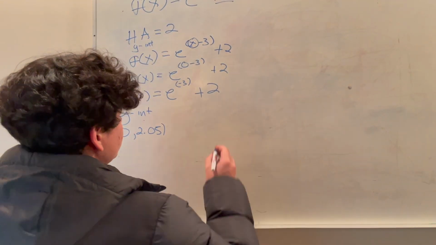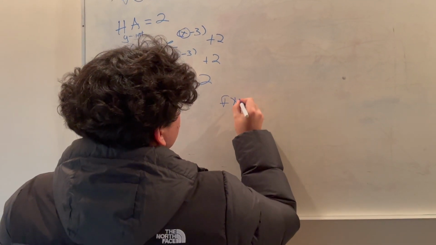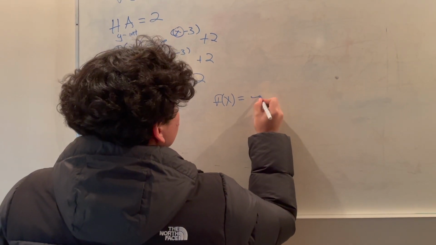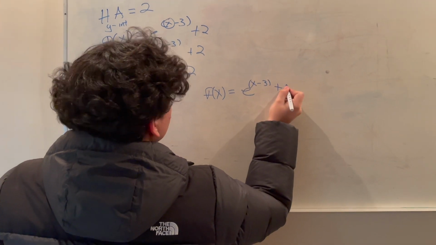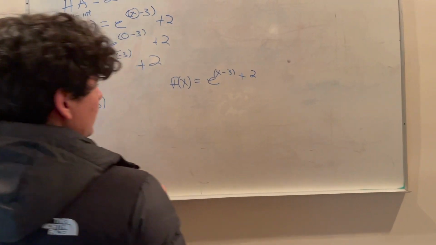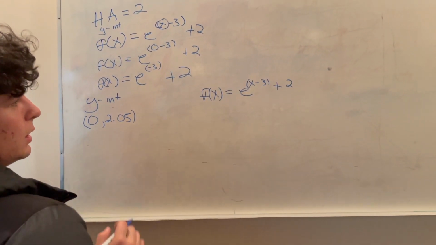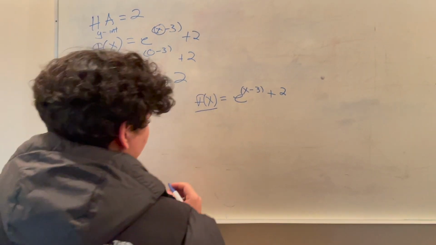It is going to be the same process as in here. So we're going to be writing f(x) equals e to the x minus 3, plus 2. But we're going to be changing the f(x) to a 0.